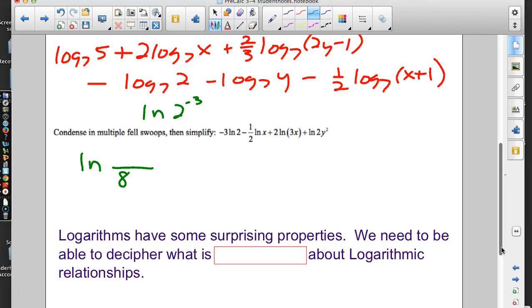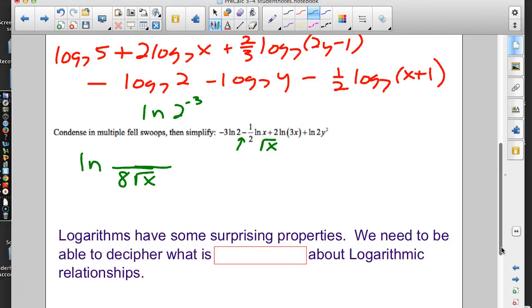Minus 1/2 natural log of x. 1/2. Where'd that come from? Square root of x. Does it go on the top or does it go on the bottom? Bottom.